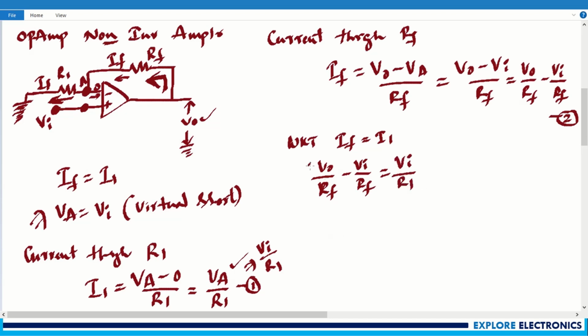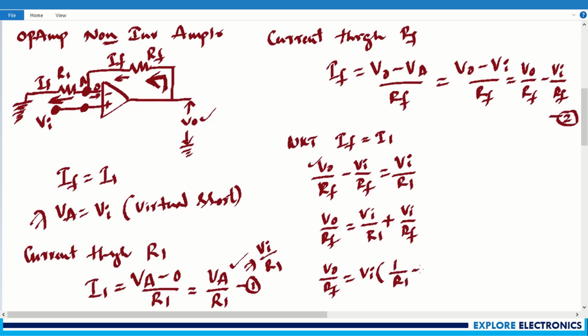Now we need to get the expression for V0. So let me write V0 by Rf will be equal to Vi divided by R1. This minus goes to the right side, it becomes plus Vi divided by Rf now. So V0 by Rf will be equal to, let me take Vi as common, Vi into 1 divided by R1 plus 1 divided by Rf. So let me write over here.